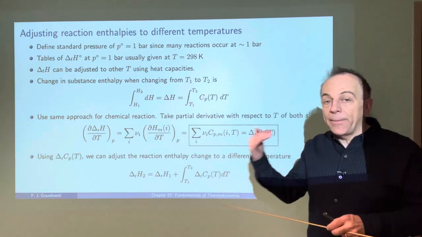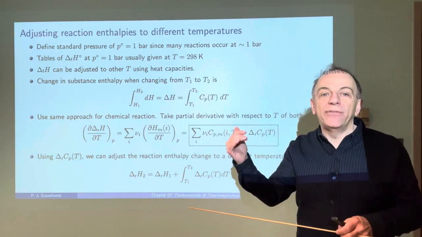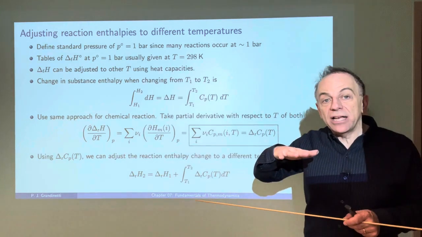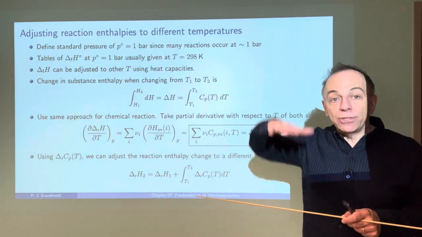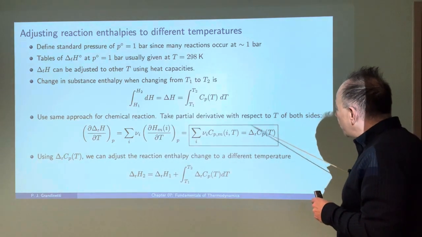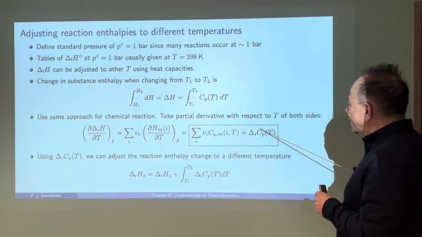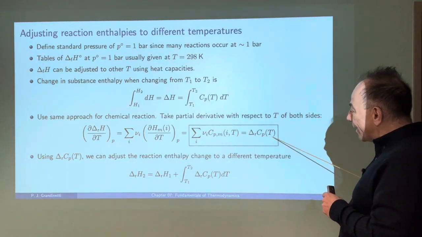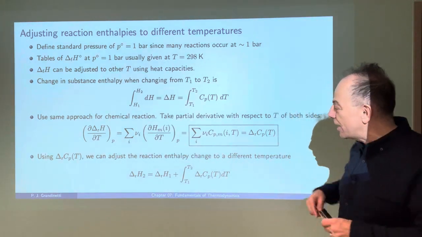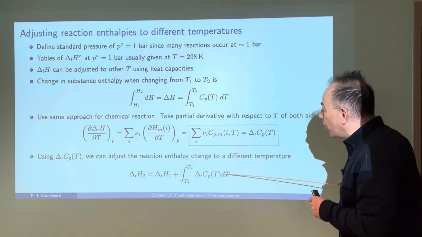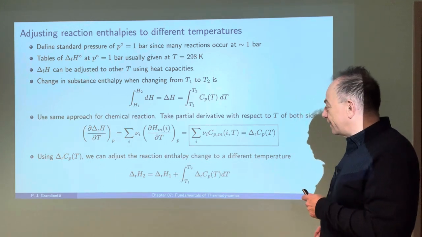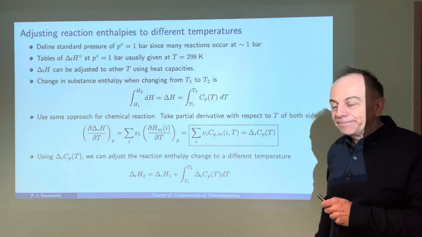So if you look up in your table of enthalpies at 1 bar pressure and 298, and you want to adjust the enthalpy for the reaction up to a higher temperature, say 350 degrees, then you just need to know the delta Cp for the reaction, involving all of the species present in the reaction, and integrating that alone is all you need to adjust the reaction up to a higher temperature enthalpy. All right?